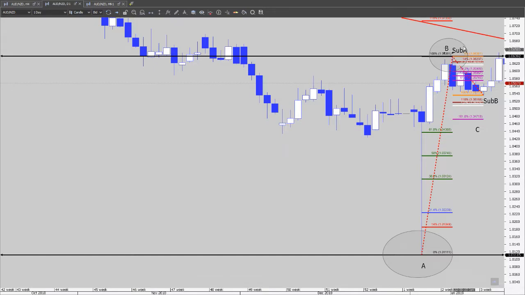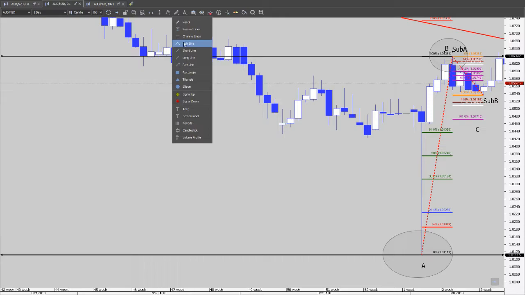So the sub A, you can call it 1 or X, Y, Z, whatever. So what is our sub A? Well, it's the highest high, the absolute high, the starting point of the retracement, right? It must be of the retracement.